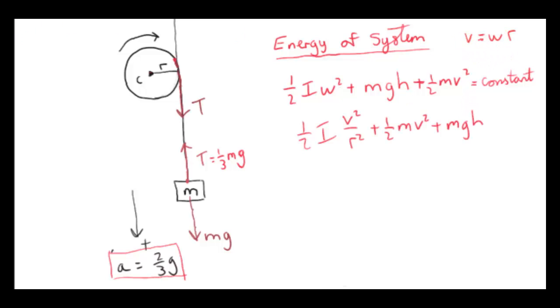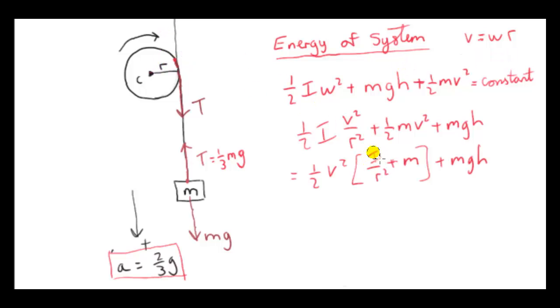Again, this result comes from what we saw earlier with a rolling wheel. x is r times theta, so the distance x that a piece of string travels is r times the angle theta in radians. So if we differentiate x equals r theta, we get v equals omega r.